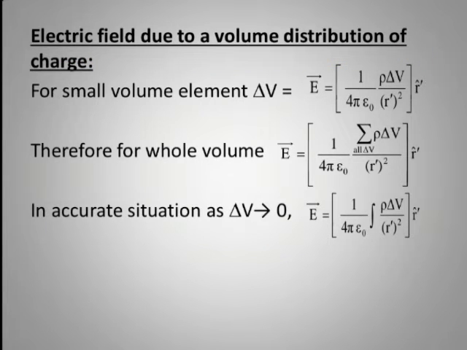What you're going to do, take the formula of electric field E, which is equal to 1 divided by 4 pi epsilon naught. The actual formula was Q divided by R square. So what is Q?